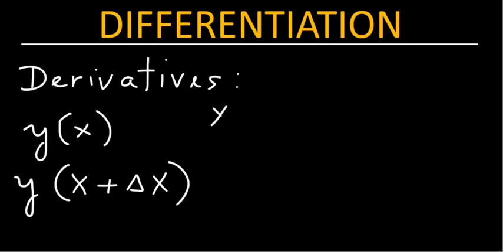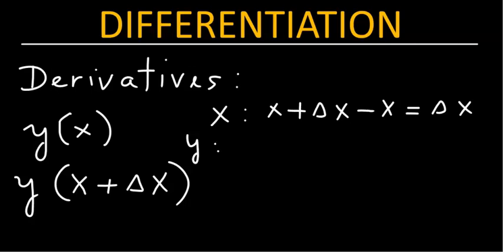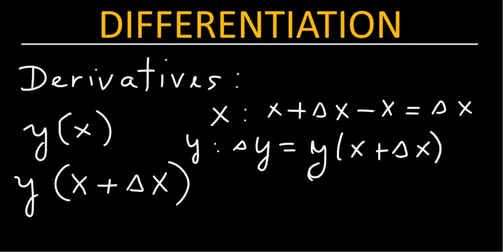So when x undergoes a change in its value by delta x, y would undergo a certain amount of change in its value as well. Let's denote it by delta y, defined by the value of y evaluated at x plus delta x minus the value of y evaluated at x.